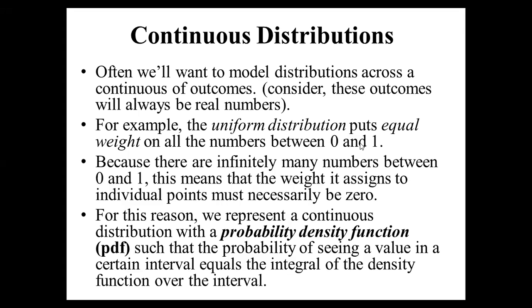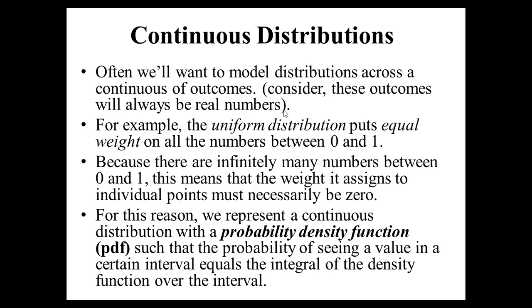Often we will want to model distributions across a continuum of outcomes. Consider that these are real numbers, not only 1, 2, 3, 4, but also 0.01, 0.02, etc., meaning we are talking about all possible real numbers.